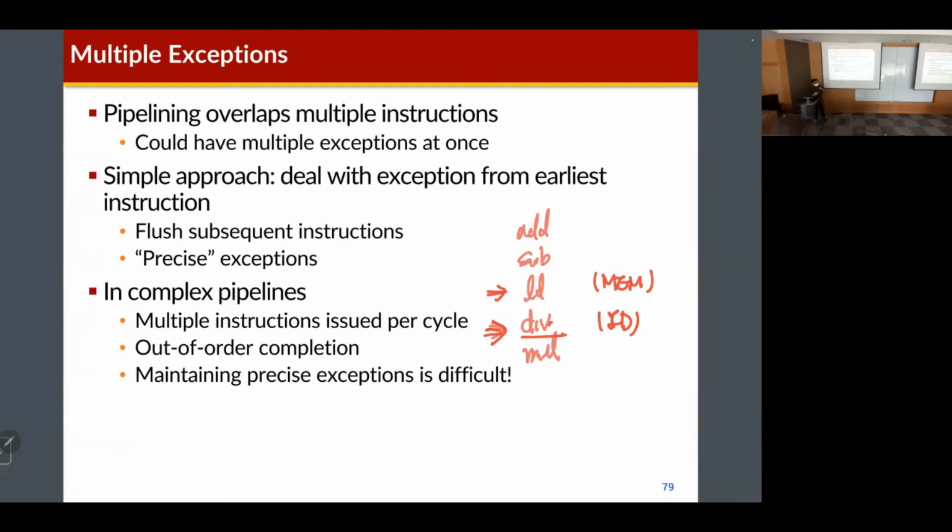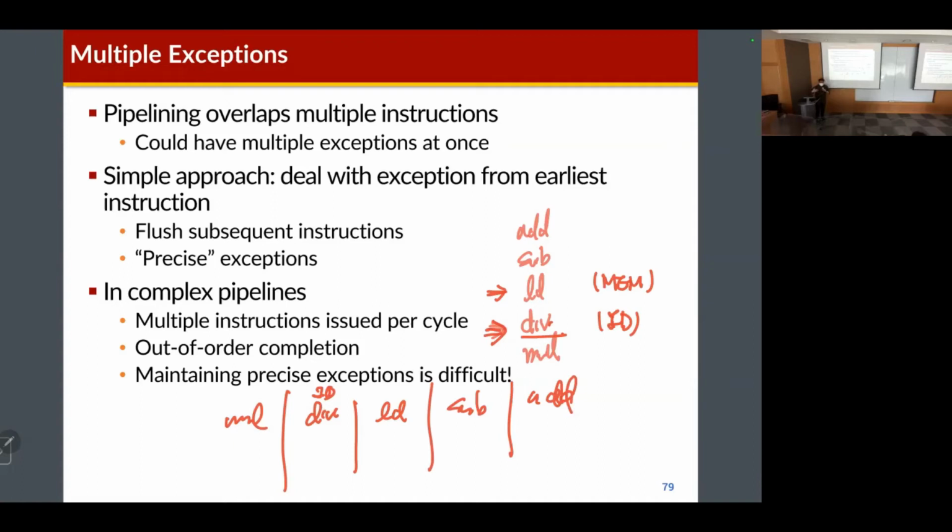Okay, so what happened? If we see the pipeline of this processor, the div is here in the ID stage, and then multiply is here, and then load is here, and then sub is here, and then add is here. What's the problem?